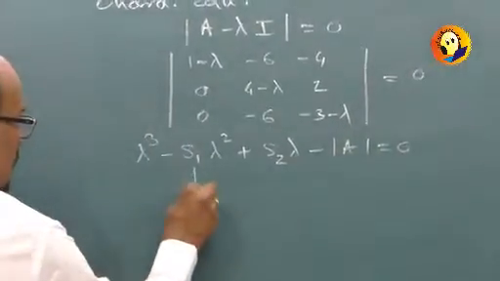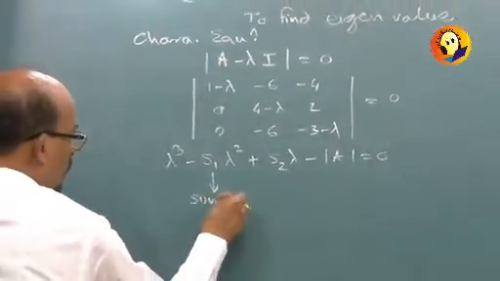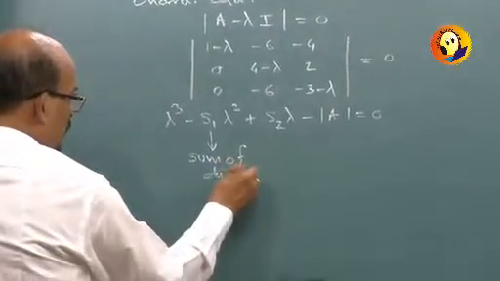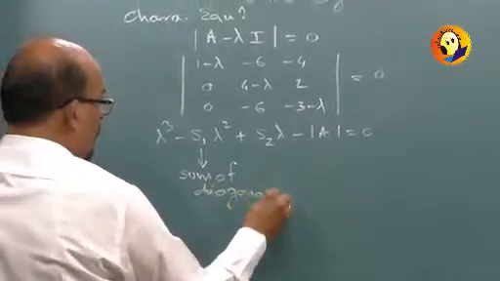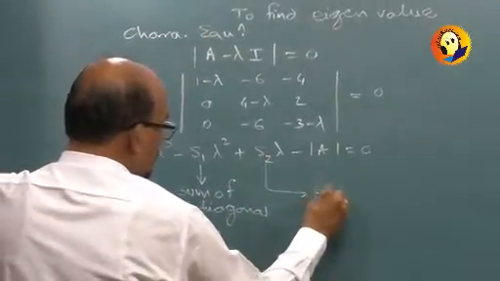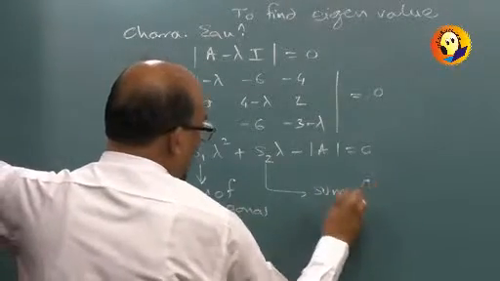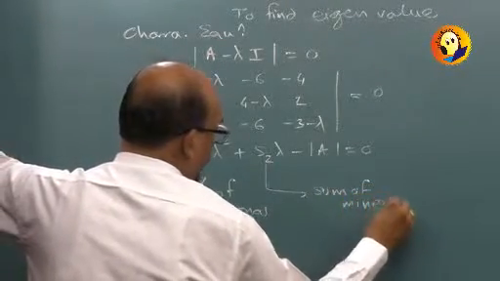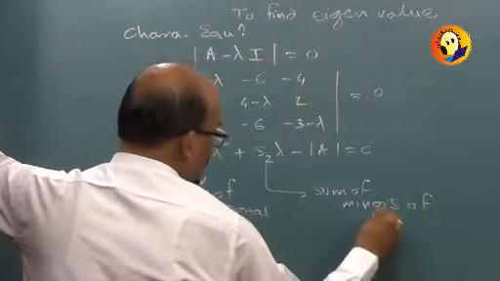What is S1? This is the sum of diagonal elements. S2 is the sum of minors of diagonal elements.